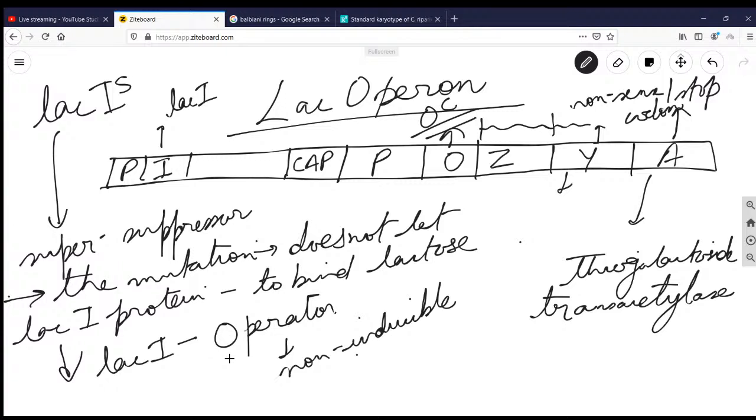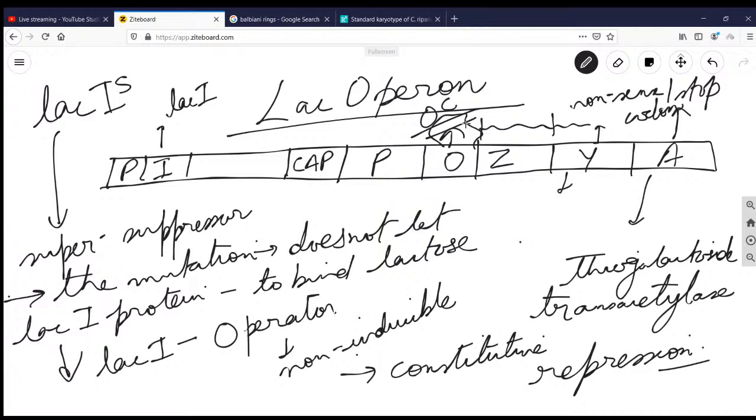So this operon will be constitutively repressed instead of becoming constitutively expressed. In case of LAC-I minus and OC mutations, it leads to constitutive expression, but here it will lead to constitutive repression of lac operon.